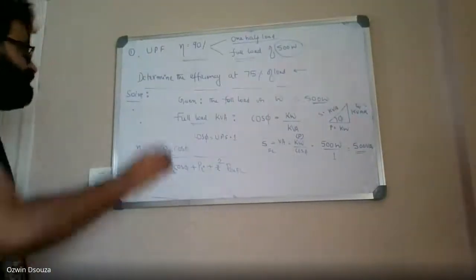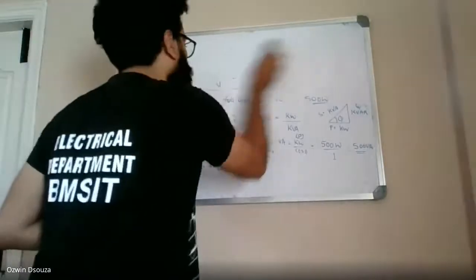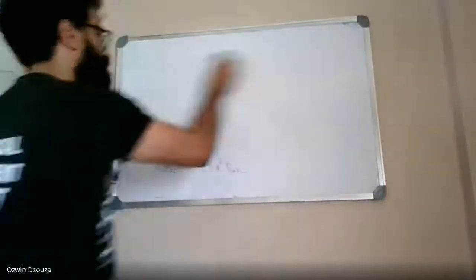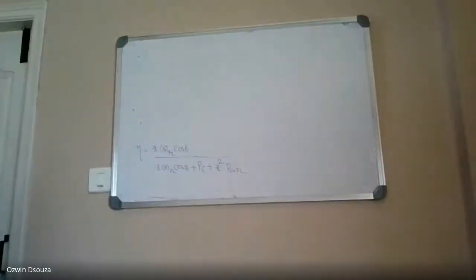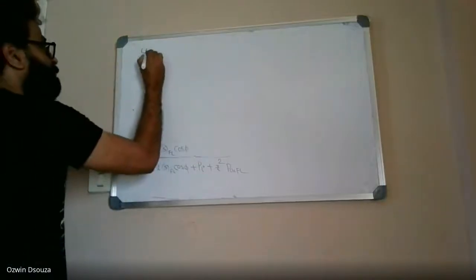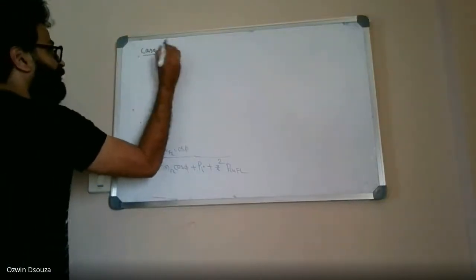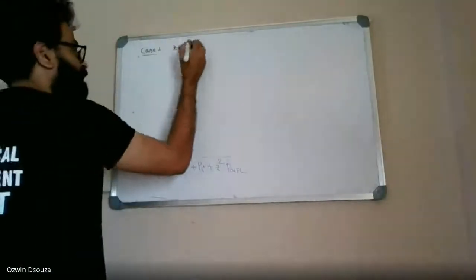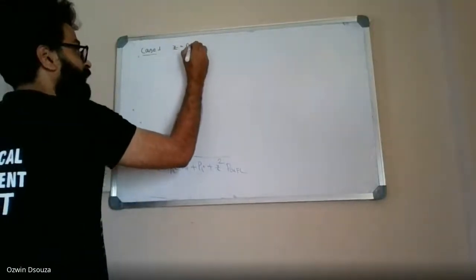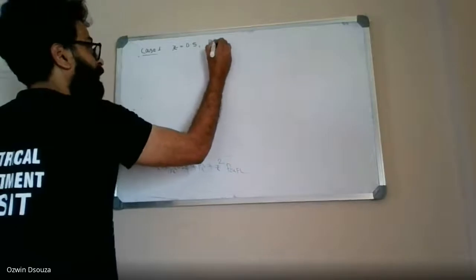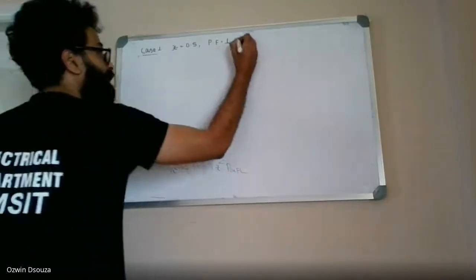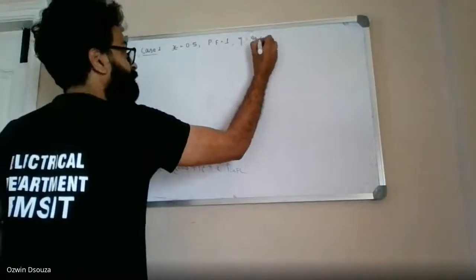Now you can start substituting the two cases. So let's substitute for case 1. What is case 1? 50% loading they have given, right? Half of the full load. So X is 0.5 and power factor is 1, and efficiency is 90%.